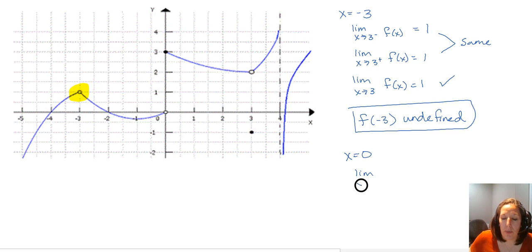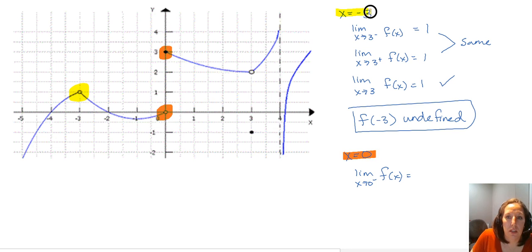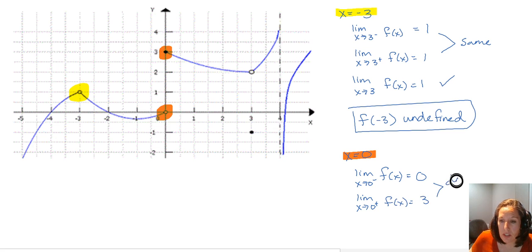Okay, let's do the same thing for x equals 0. If we approach the limit as x approaches 0 from the left, we see our graph is approaching a y value of 0, and as we approach from the right, our graph is approaching a y value of 3, and these are different.